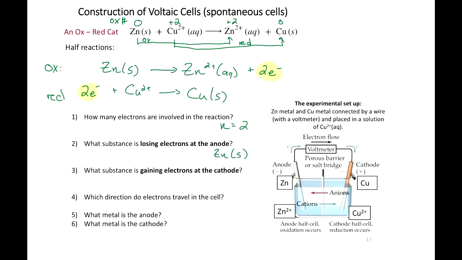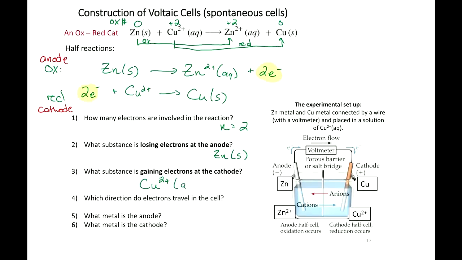But also remember, I had you memorize AN OX, RED CAT. So oxidation, this is the reaction that's happening at the anode, and for reduction, this is the reaction that's happening at the cathode. And so then we can answer the next question: what substance is gaining those electrons? So that would definitely be copper 2+ in this case.